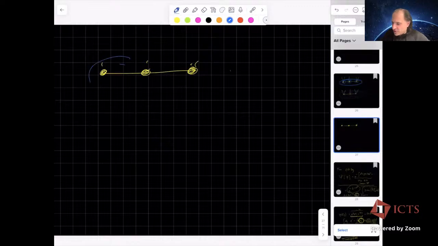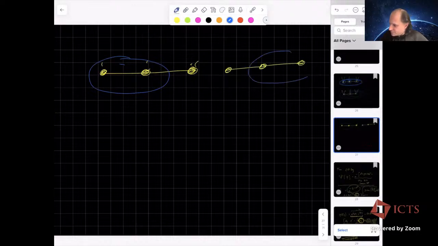Well, one of them looks like this guy, and the other one looks like this guy. In this case, I just have 2 tubings, and of course, they intersect each other. They don't overlap, so they can't occur together.